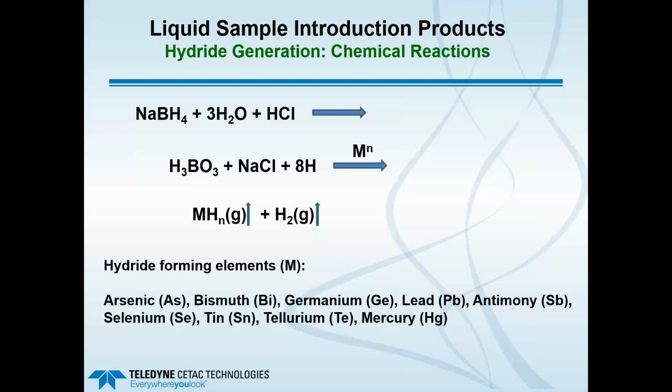Mercury can also form a volatile hydride, but in this instance, we are going to then generate it into a volatile form by a different reaction, and that reaction is cold vapor. I will point out, again, up at the top of the slide, the reagent that is generally used to do the reduction, and that is sodium borohydride.